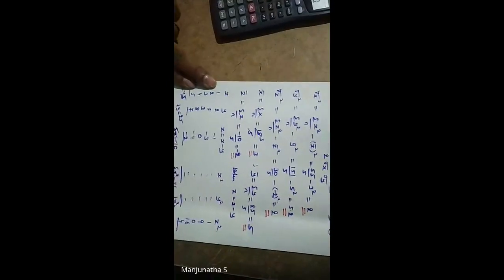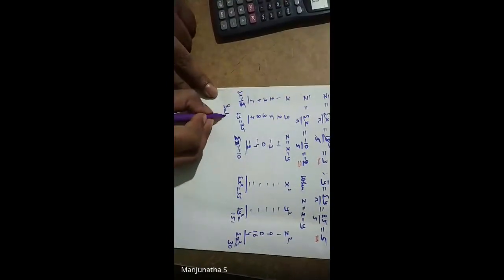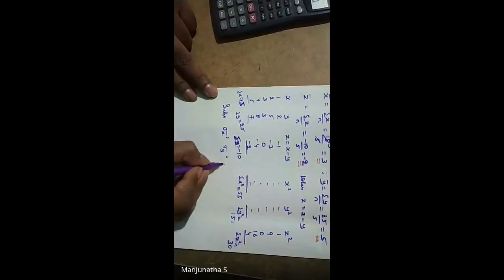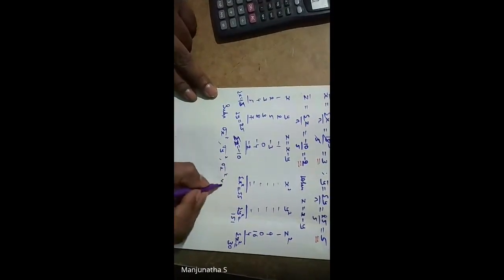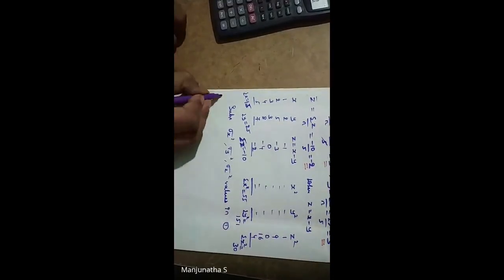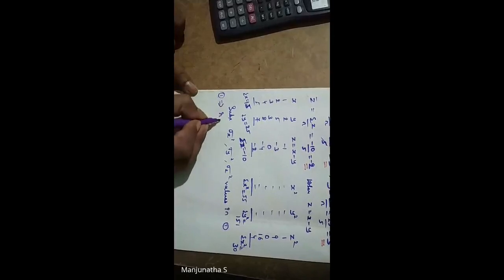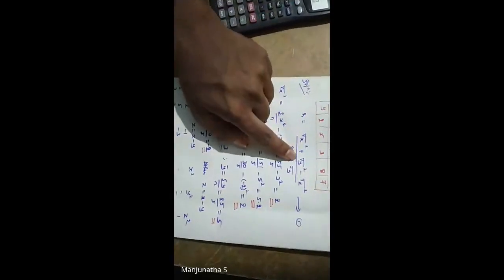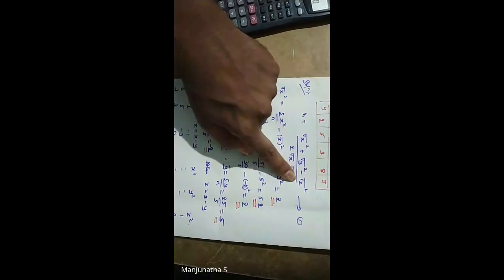So now substitute sigma x square, sigma y square, sigma z square values in equation 1. So equation 1 gives r is equal to, what we have in the beginning, sigma x square plus sigma y square minus sigma z square.